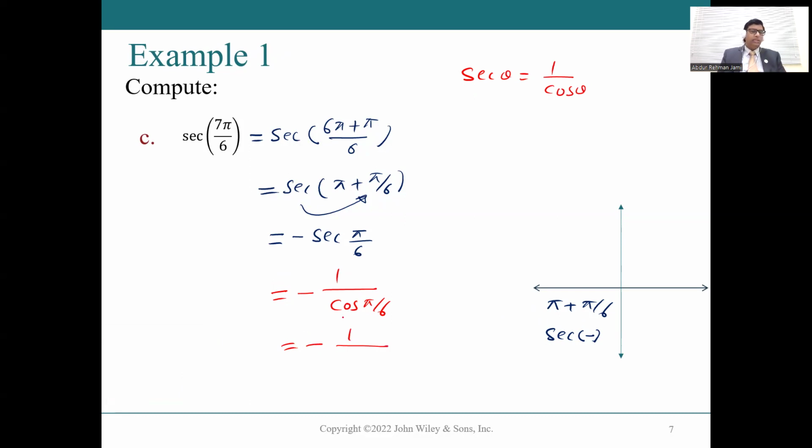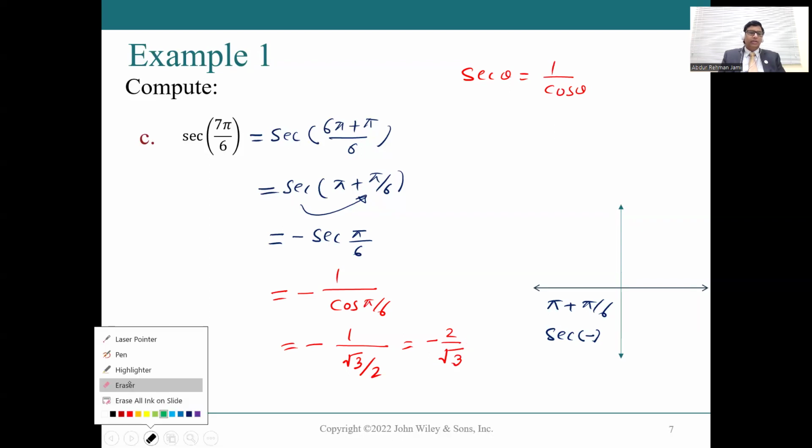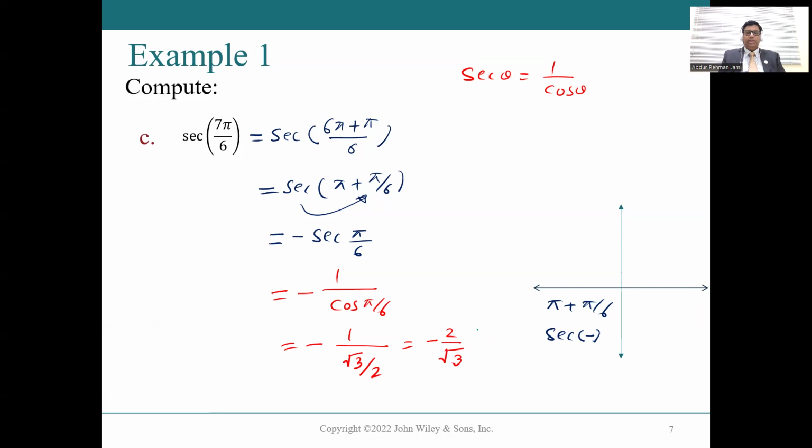Cosine pi over 6 is equal to radical 3 over 2, which can be written as minus 2 over radical 3, multiplying and dividing by the denominator, which is radical 3 over radical 3.